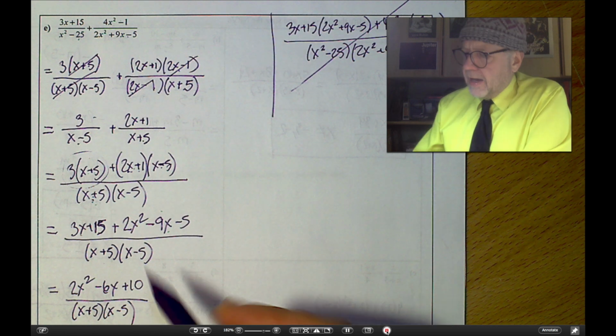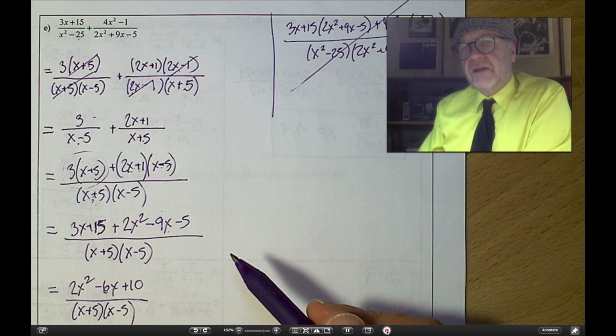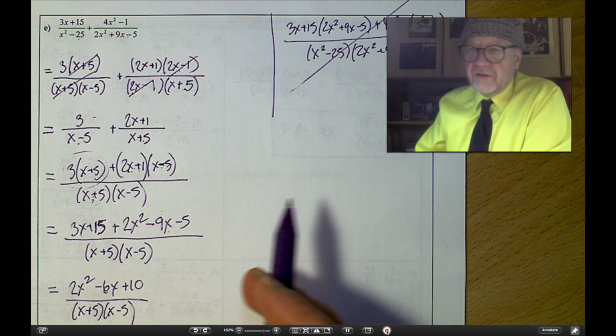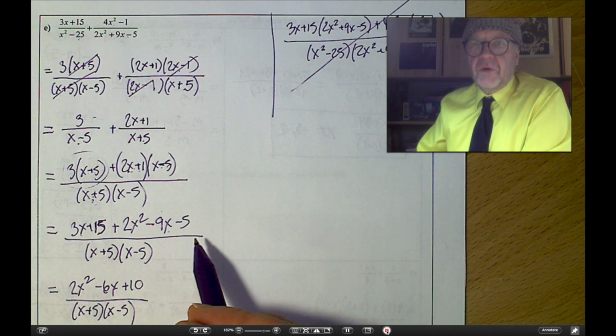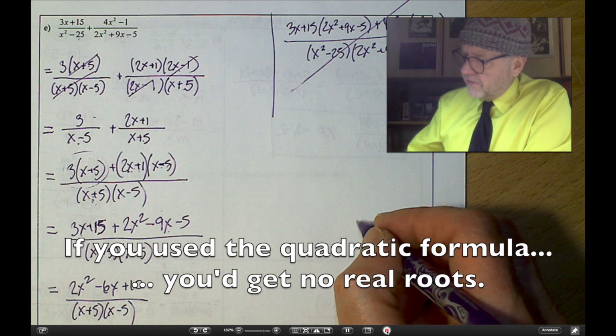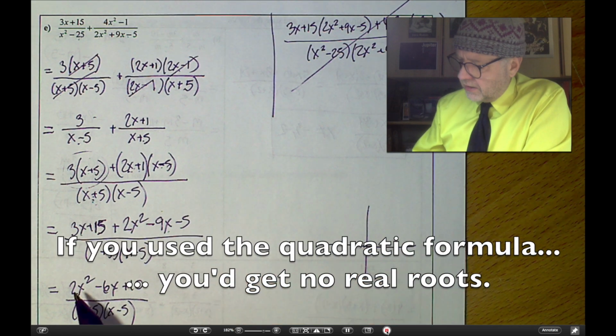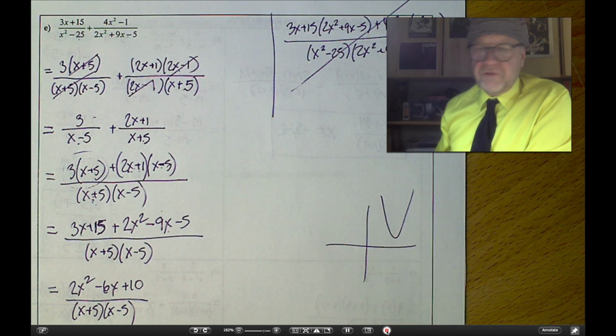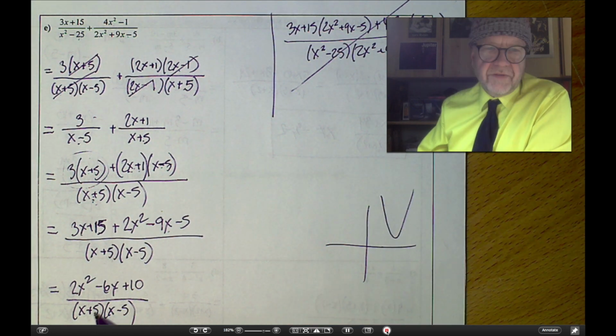I can look at this and tell you it's factorable, but not with integral factors. If you use the quadratic formula on this, you'd discover that you had something that looks like an upward opening stretch, so no x-intercepts, and we won't be able to divide those out.